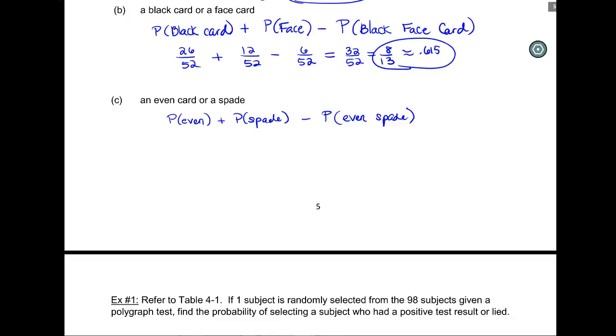So you have 5 for each suit, so 20. How many spades? 13. And then how many even spades? 5. So we get 28 out of 52, which is 7 over 13, which is 0.538.